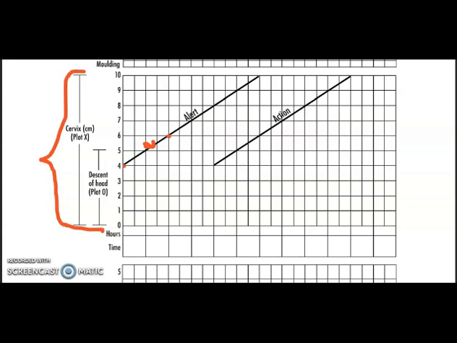If on my next vaginal exam I find that cervical dilation is at 7, then I'll record at 7. If I'm doing it every 4 hours, I'll count 1, 2, 3, 4. So after 4 hours, it's at 7 centimeters. So it's going to be somewhere here, meaning it's going towards the action line. It will not necessarily have to be along this alert line.